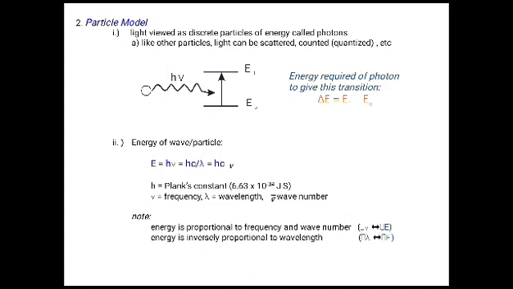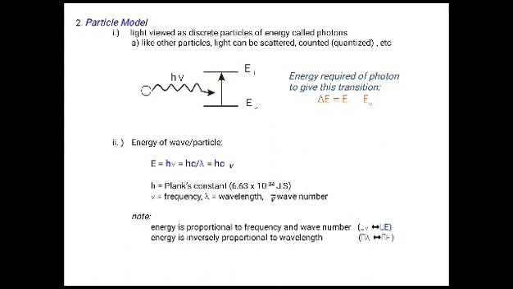When a molecule gets the energy required of a photon to make the transition from the ground electronic state, that is E0, it gets excited to a higher energy level, that is E1, and the energy absorbed or required for that transition is delta E equals E1 minus E0.